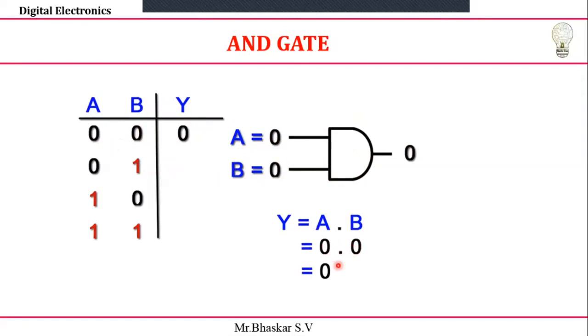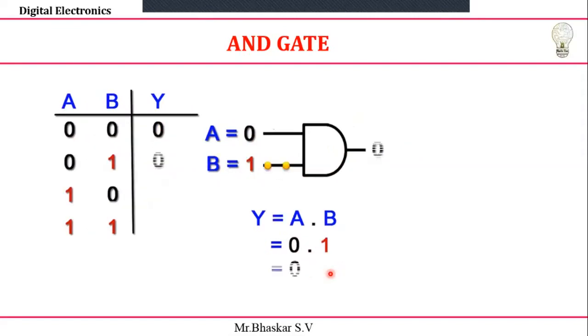So 0 dot 0, I'll get 0 only. Okay. Second case, I'm going to take 0 and 1. A value is 0 here, and B value is 1. If you take 0 into 1, I'll get 0 only.